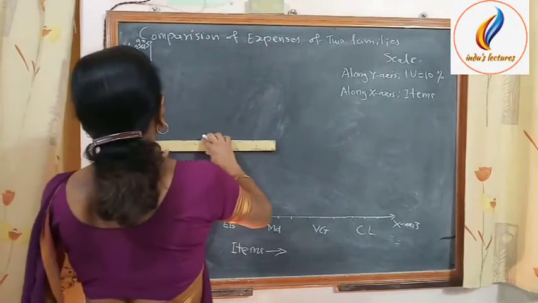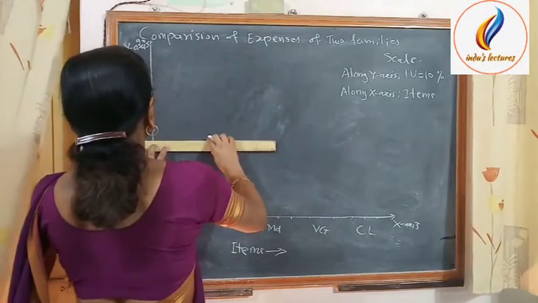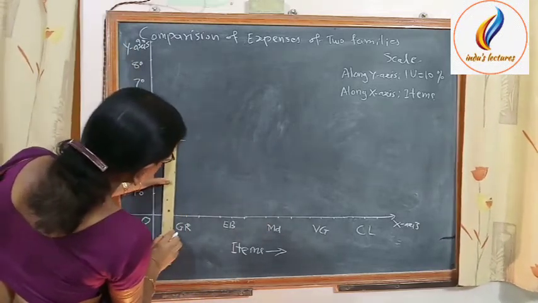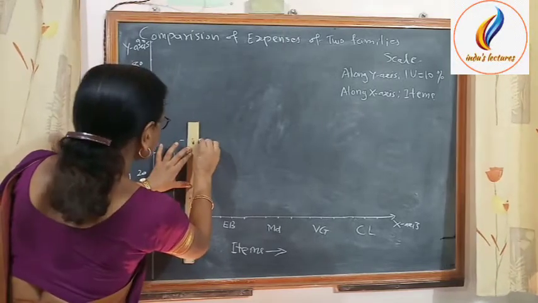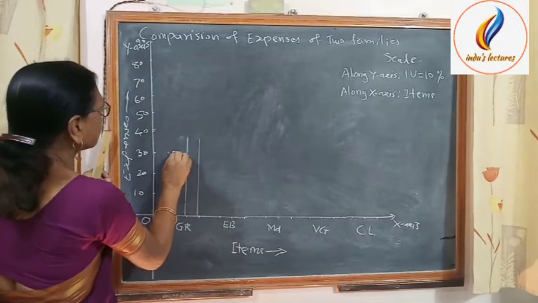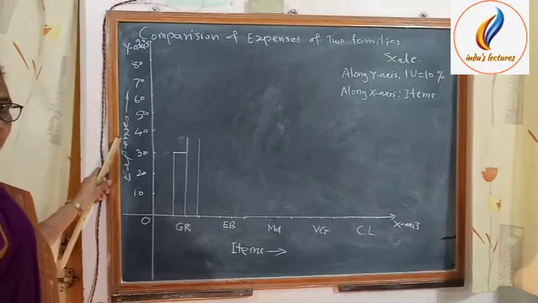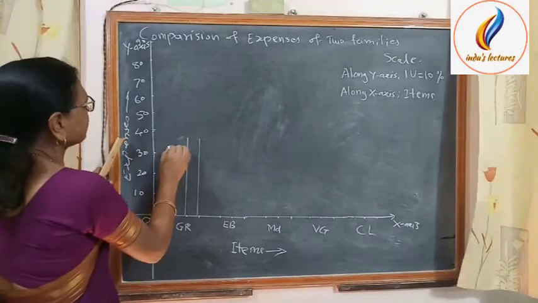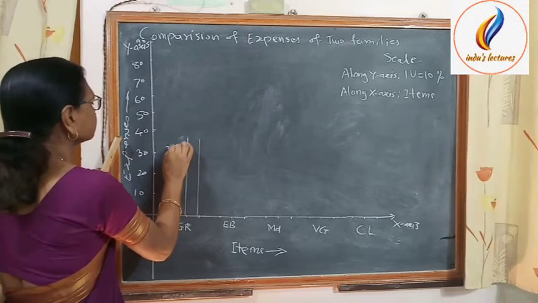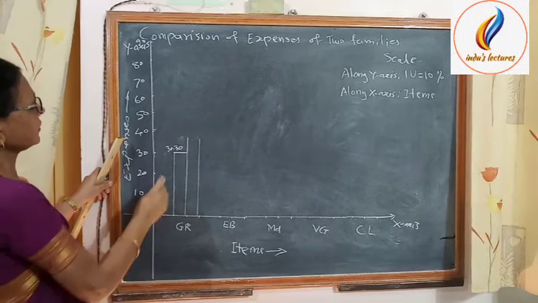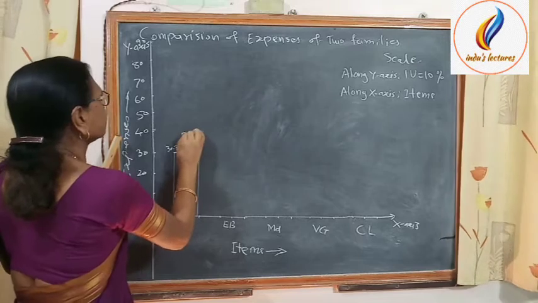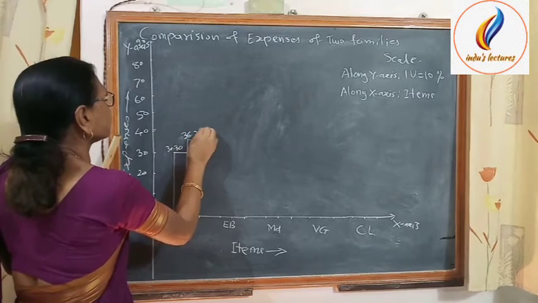So take this point at 36. This first bar shows the expenses of the first family, with a percentage of 30.30, and for the second family the expenses are 36.36%.